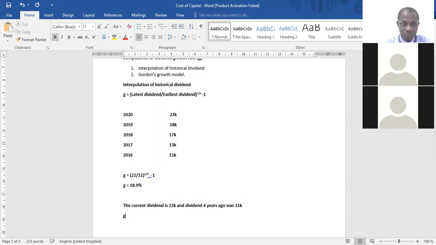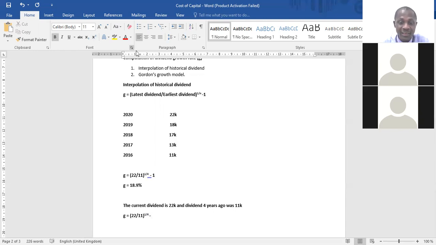To solve this, we are going to have your G is equal to 22 over 11 raised to power what? Raised to power 1 over 4. What is the difference here? Raised to power 1 over 4. You see that in the first one, I subtracted 1 year, but in the second one, I did not subtract anything.